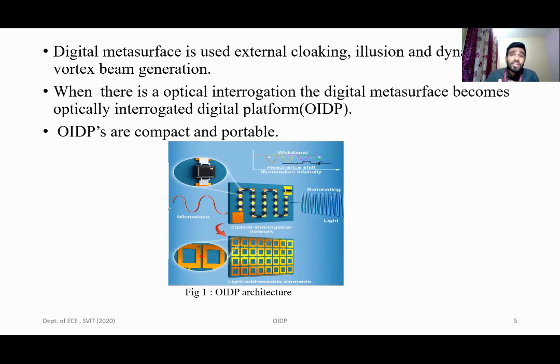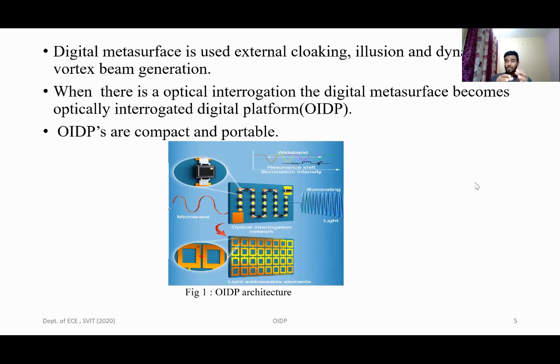When there is optical interrogation, the digital metasurface becomes an optically interrogated digital platform, that is OIDP. OIDPs are compact and portable.